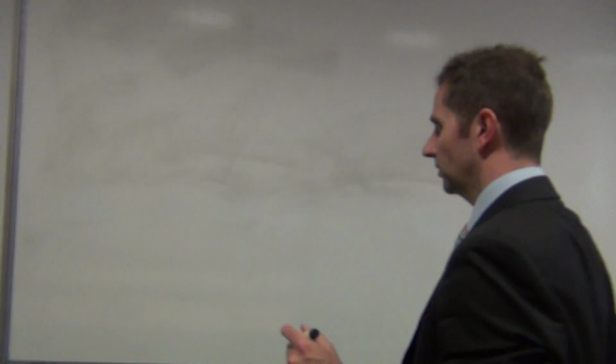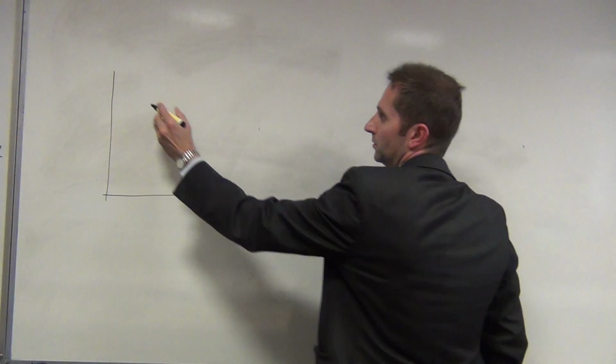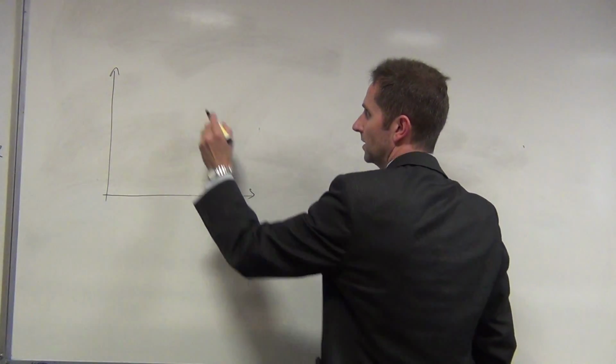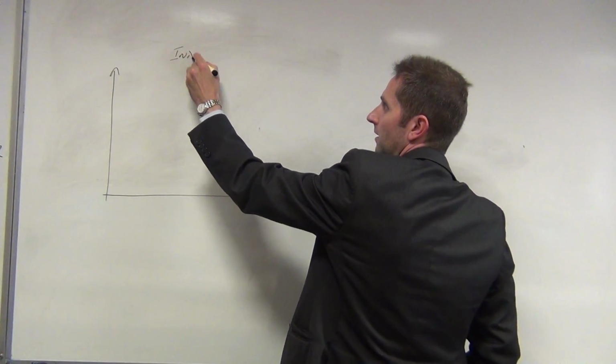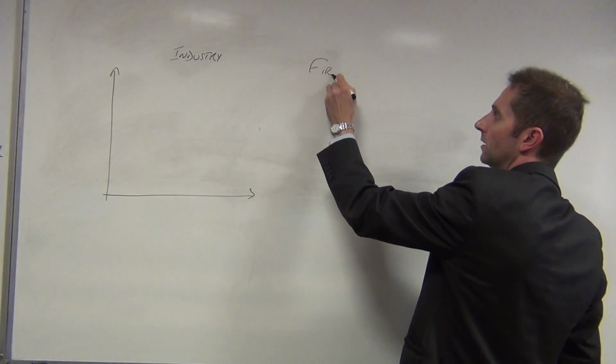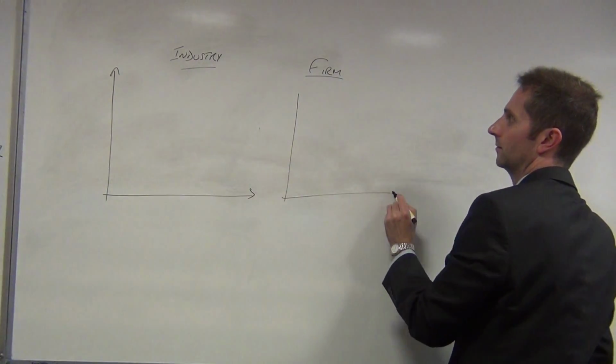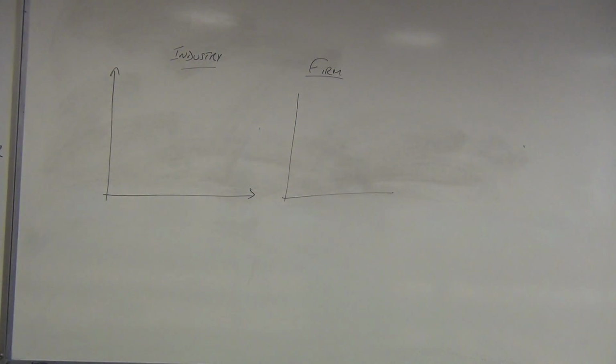Okay, so let's take a look then at the short run equilibrium position. So again, we're talking industry and firm. Let me just make sure that that's in shot. Excellent.